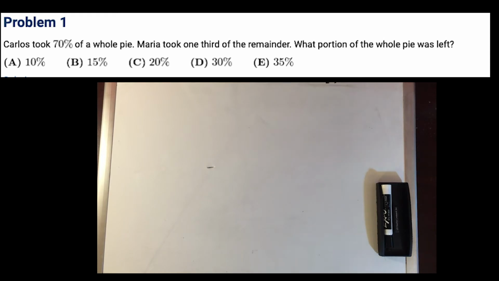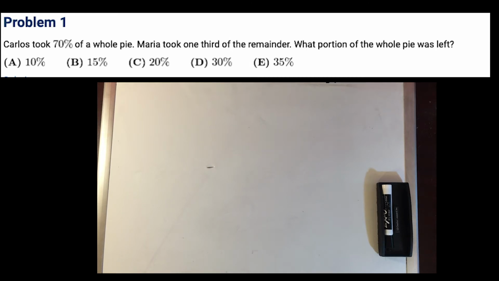Alright, let's go ahead and get started. So the first question, we have Carlos took 70% of a whole pie. Maria took 1/3 of the remainder. What portion of the whole pie was left? Okay, well, if Carlos takes 70% of the whole pie, that means after Carlos takes that 70%, there's going to be 30% of the whole pie remaining.